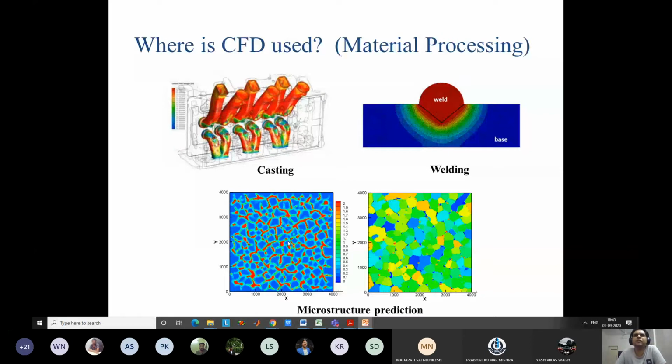There are hundreds of other applications of CFD, new applications as well as traditional applications like casting and welding. For example, just recently we are in the process of collaboration with Tata Steel.